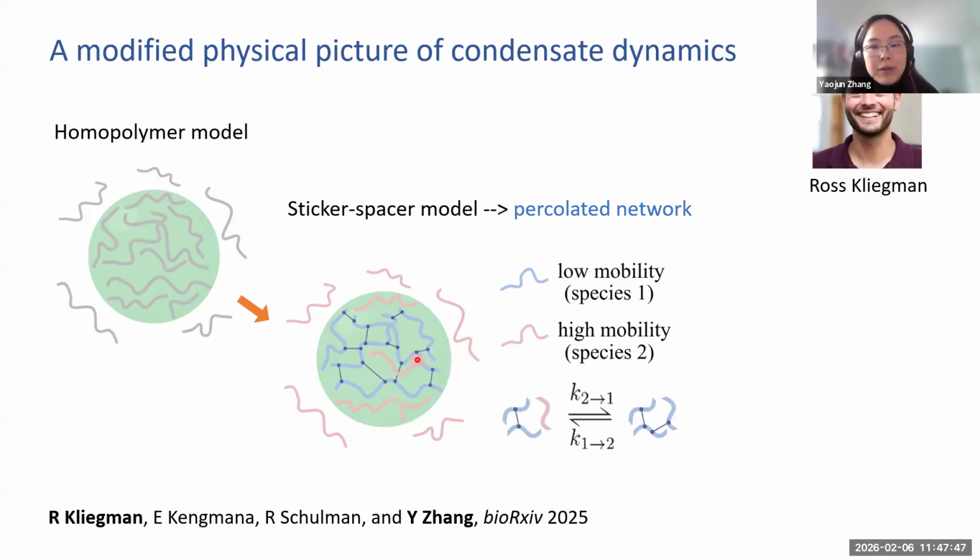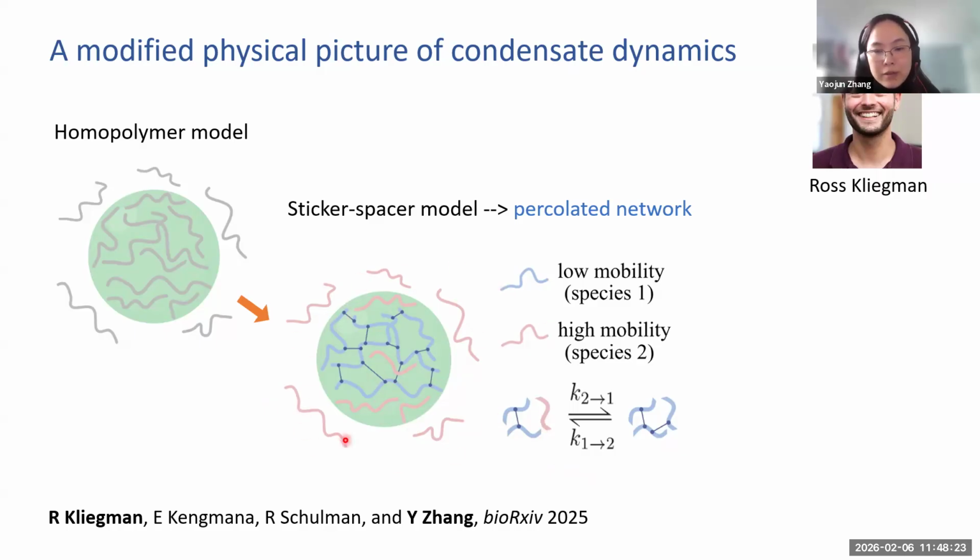The low mobility population, we call it species 1, represents molecules that are bound in the network and diffuse within the network slowly. And the high mobility population, we call it species 2, represents freely diffusing molecules that are detached from the network. Note that they can also be inside, not just outside. Okay, and the two states can convert between each other through attachment and detachment. And there is no percolated network outside, so we only have species 2 molecules there.